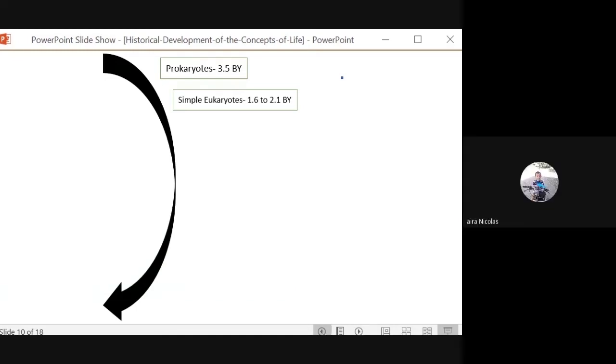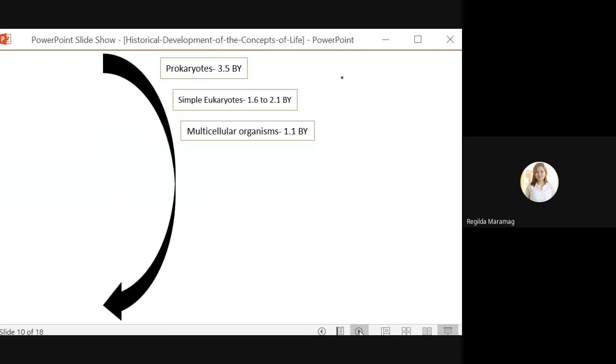Ira. Ma'am, multicellular organism 1.1. Okay, so it should be multicellular organisms. Next to multicellular organisms, John Carl. Fossils of early sponges po. Okay. 665 million years old rock na.